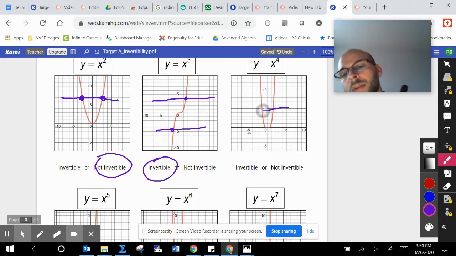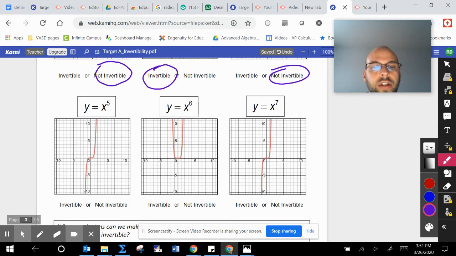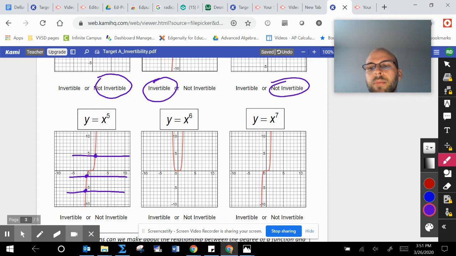With the quartic graph, the parent quartic, just like quadratic, they're very similar. They're not invertible. Quintic, so the fifth degree parent function, if I draw horizontal lines on that, it will intersect at only one place. Again, at the origin, it's kind of the same thing as a cubic. It looks like it goes horizontal, but it really changes at a very, very slow rate there.